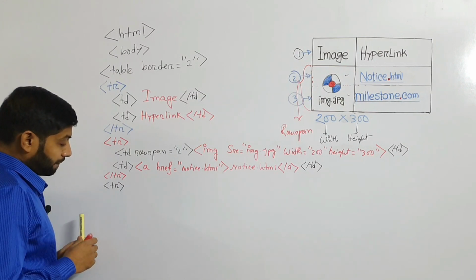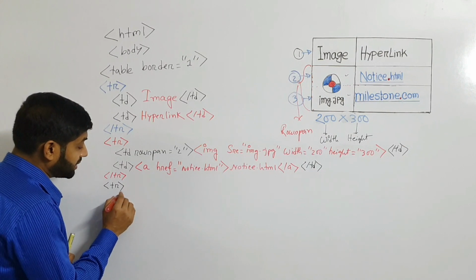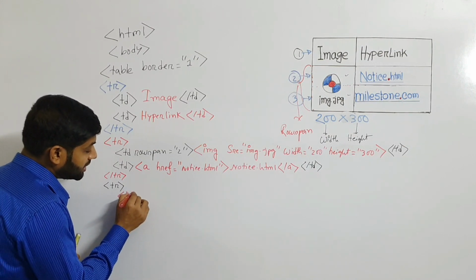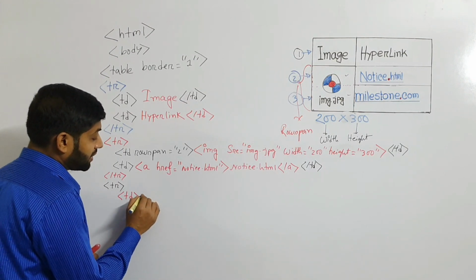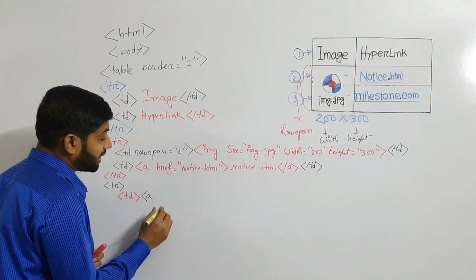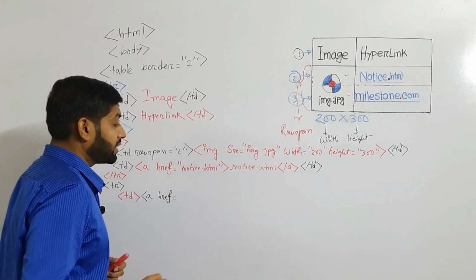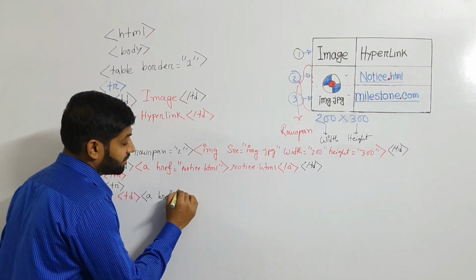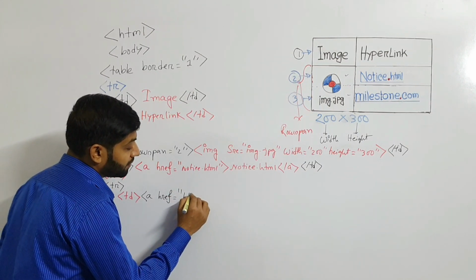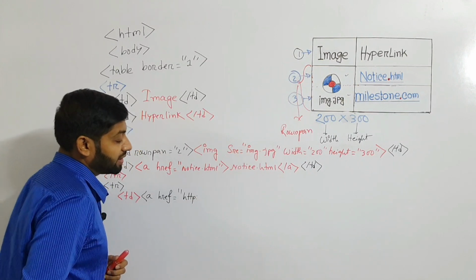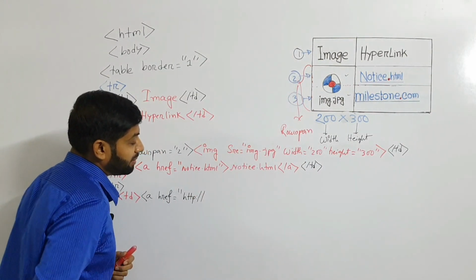So this way, for this third row I have to again start with TD. Then I have to start my third row second column with a hyperlink, and this one is external. So I have to write down the protocol name, HTTP, Hypertext Transfer Protocol, colon, then double backslash.